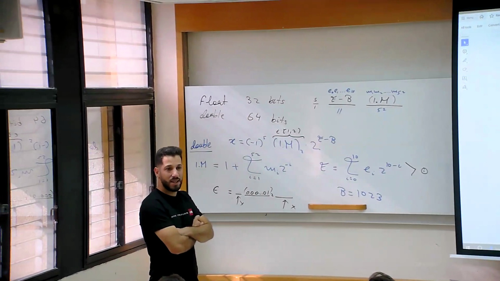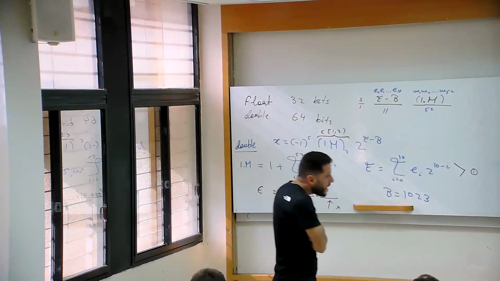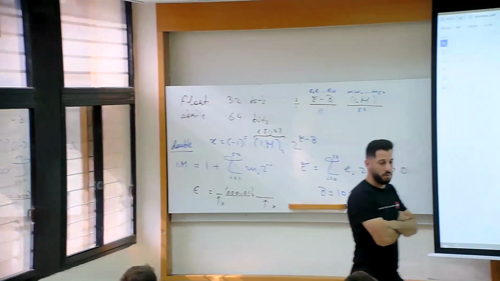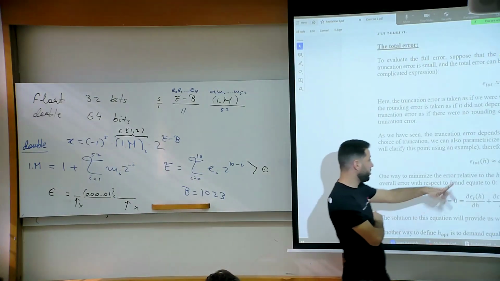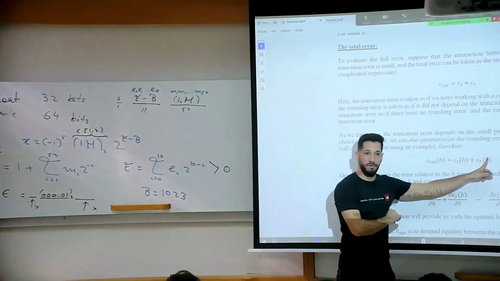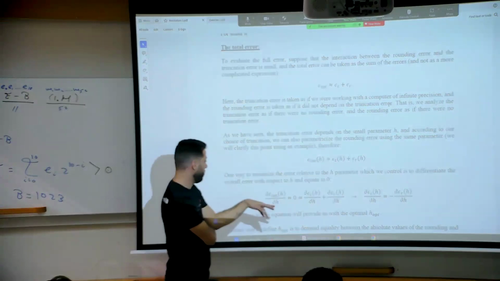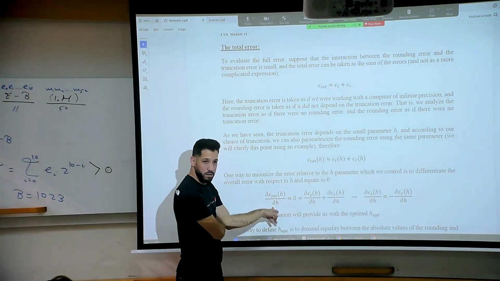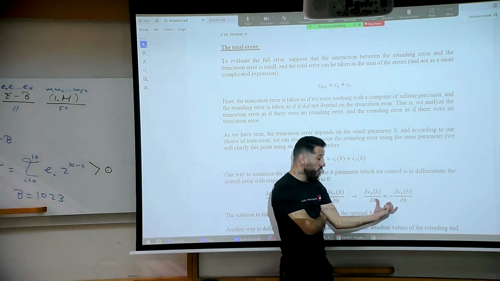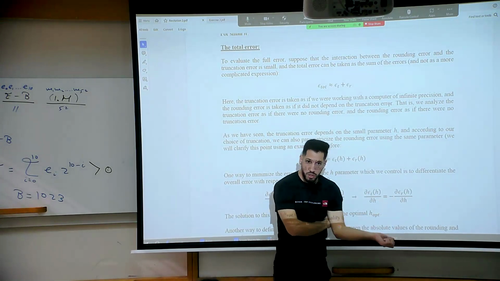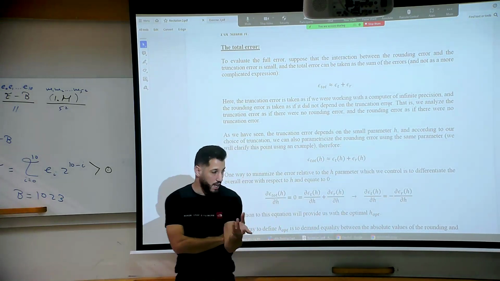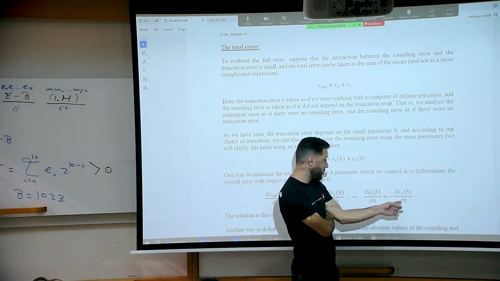Anyway, we want it as small as we can. So if we know this function, we can take the derivative of the total error, and then the optimal h that we choose for our numerical calculation is the h that satisfies this equation.